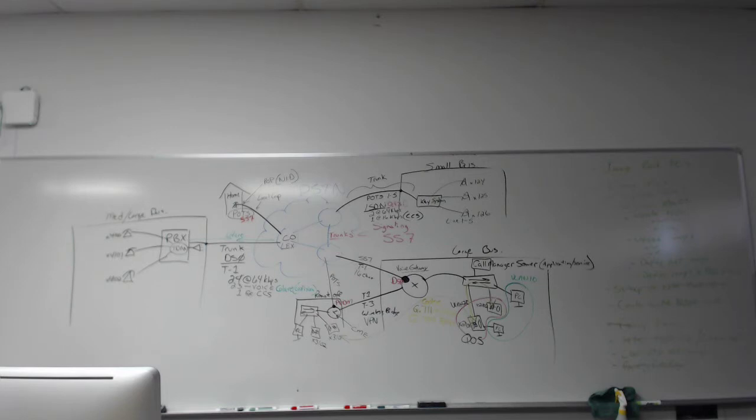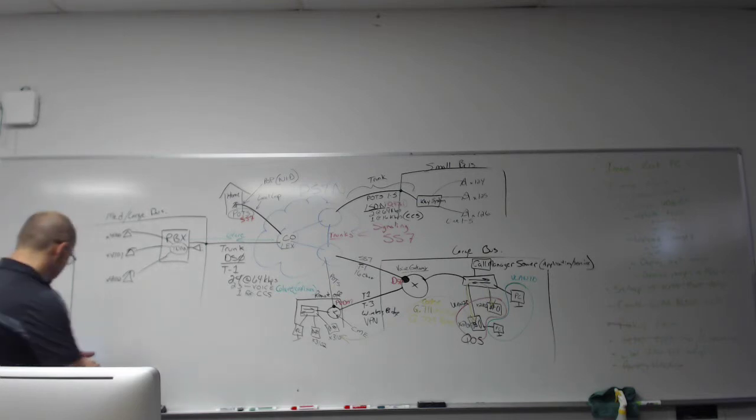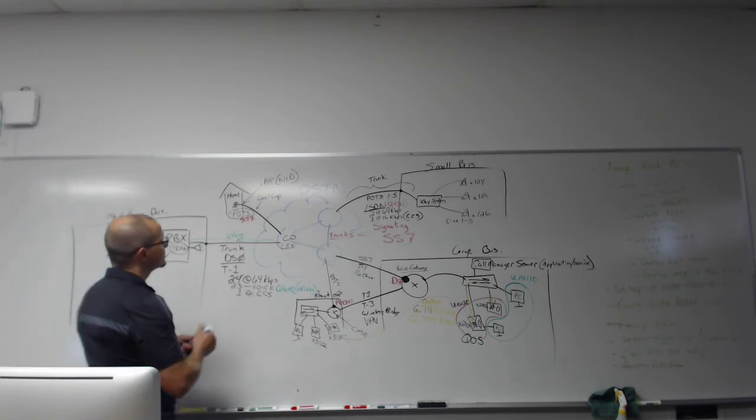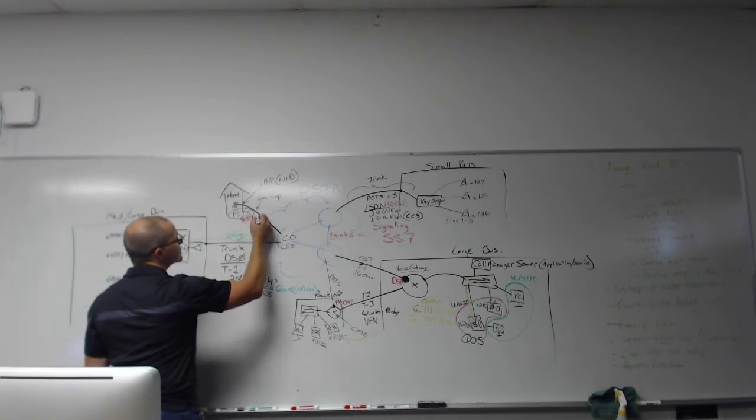So G711, central office, identified. CAS. A CAS, signaling in which signals are sent in the same channel as the voice traffic. That's where we'll place this.